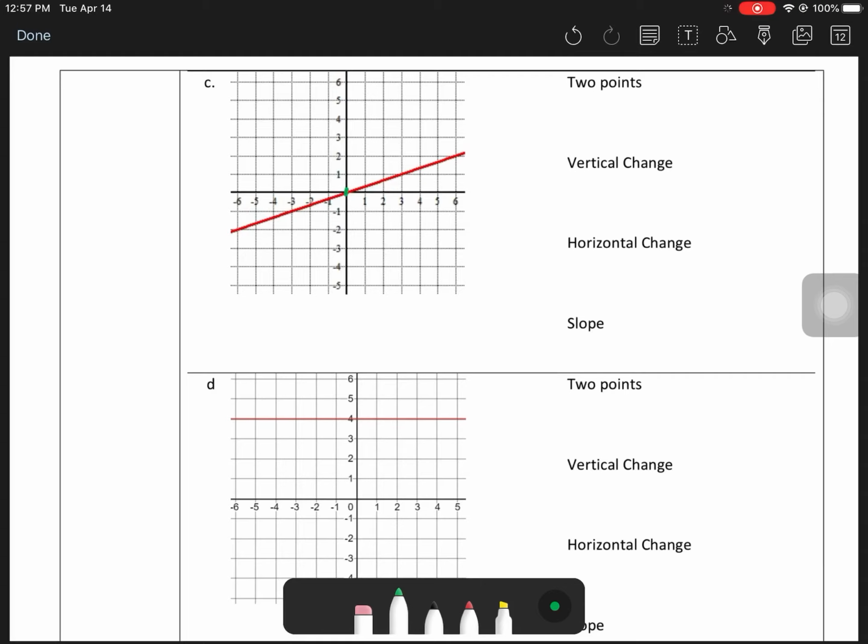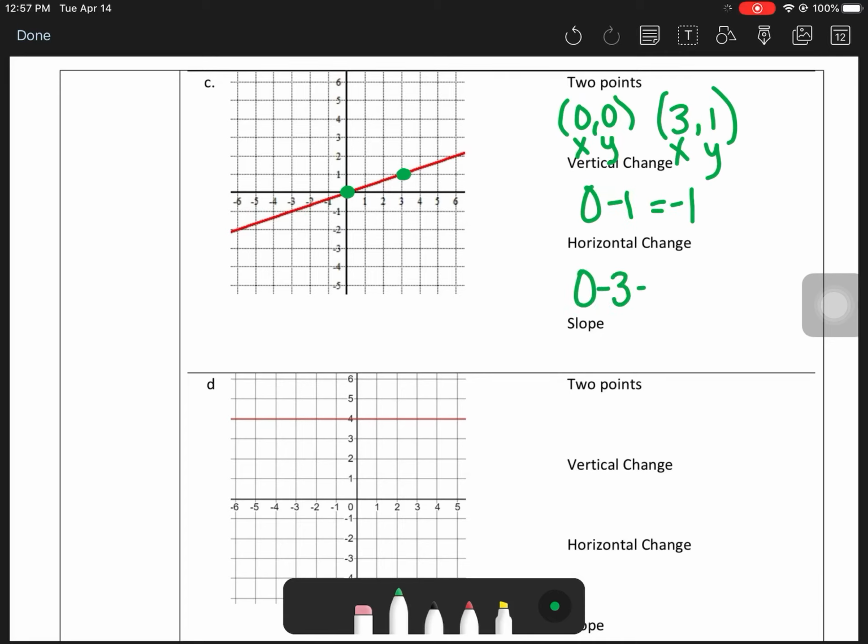Okay, next example, I'm going to pick 2 points. I like the origin, and then I'm just going to pick that next point to the right. So I have 0, 0, and I have 3, 1. My vertical change is subtracting the y values. So I have 0 minus 1, which is -1.